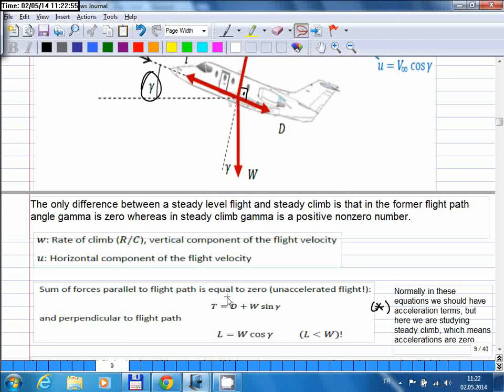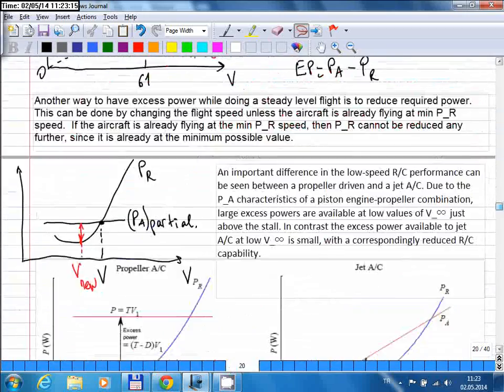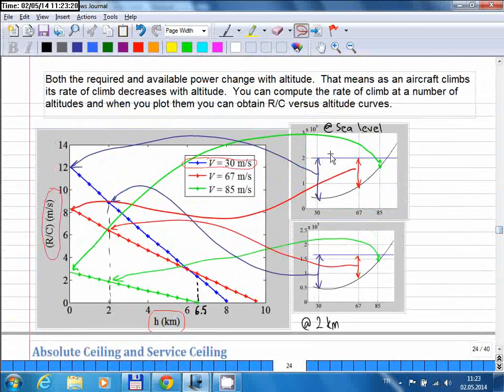Very little thrust force will be left for helping the climb. But if you are flying slowly, then the drag force will be really low, and you will be providing the full thrust from your engines, and you can get more rate of climb out of that. So if you think about the equations, you will see that if you start climbing at a lower speed, it's a more reasonable thing to do.